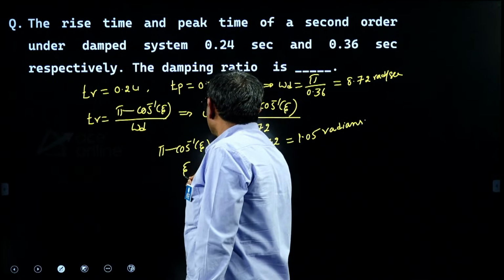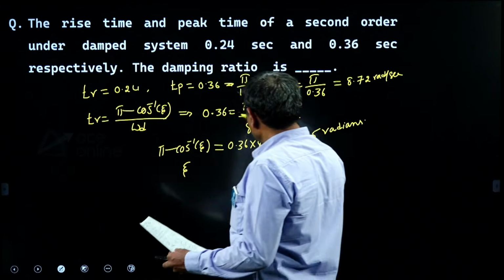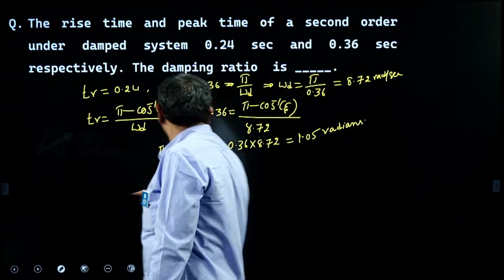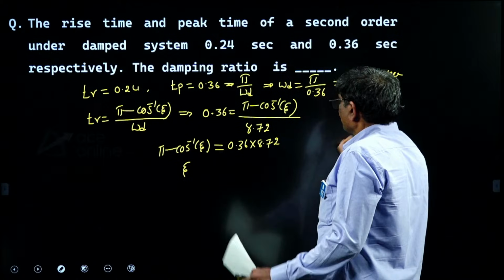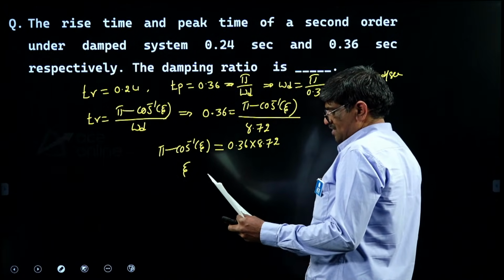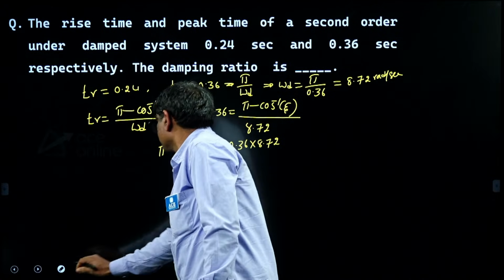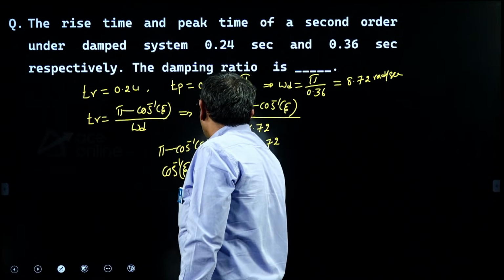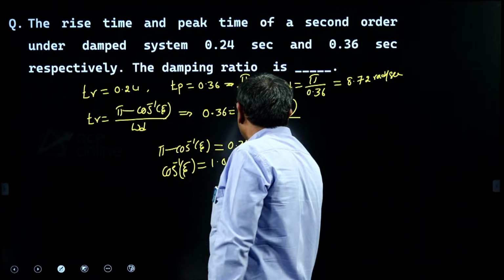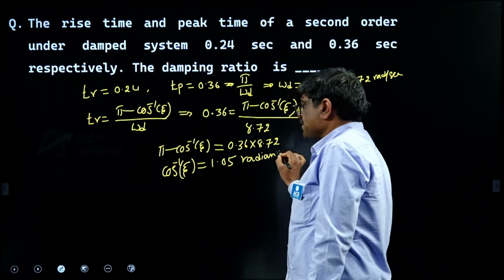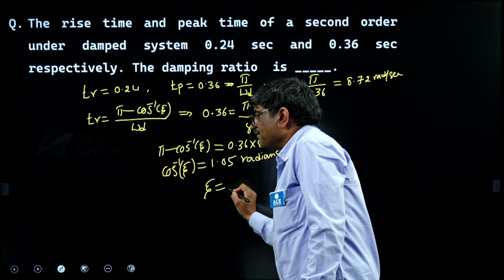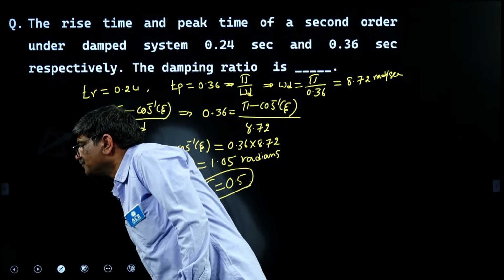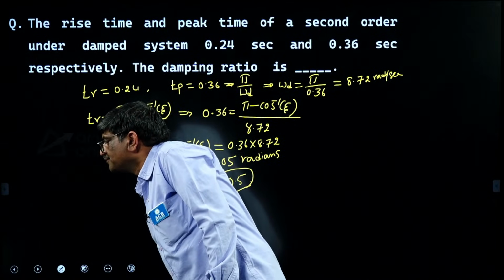This is not pi, it is cos inverse zeta. Cos inverse zeta equals 1.05 radians. Now zeta, anybody? 0.5. Very good. Some people wrote the answer correctly. Zeta equals 0.5. Mahesh Kumar, very good.